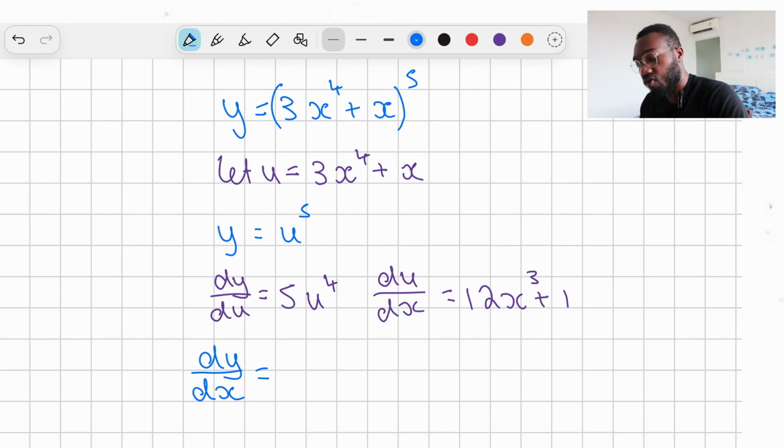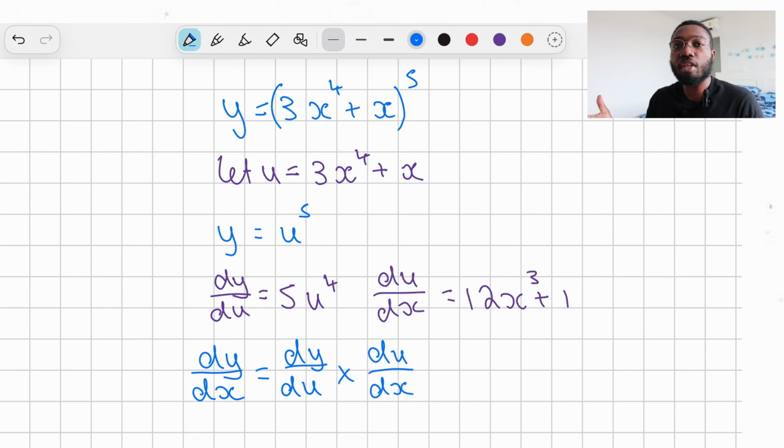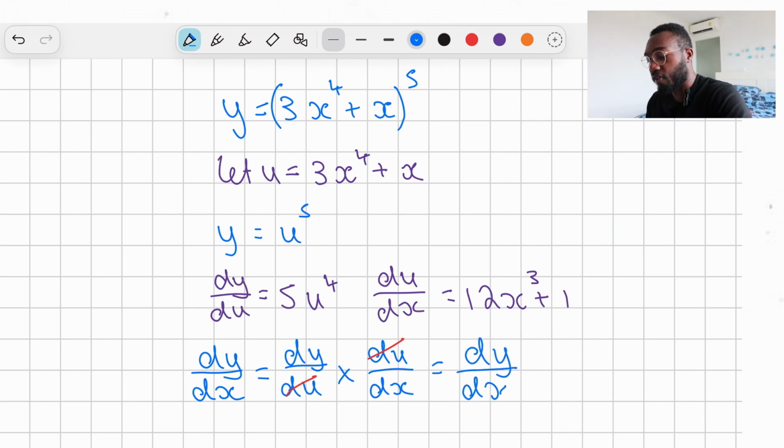But if I write dy over du and we times that by du over dx, as you can see, the du's just cancel out and you're just left with dy over dx. So if we've got dy over du and du over dx, we can just times them together and that will give us our dy over dx, which is what we want.